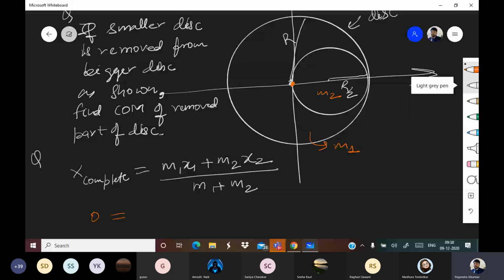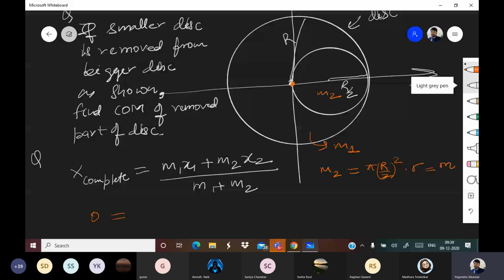M2 will be nothing but the area of the smaller disk, so that is pi into (r by 2) square into sigma. Sigma is mass per unit area. So M2 will be pi r square by 4 sigma, which I am taking as M.